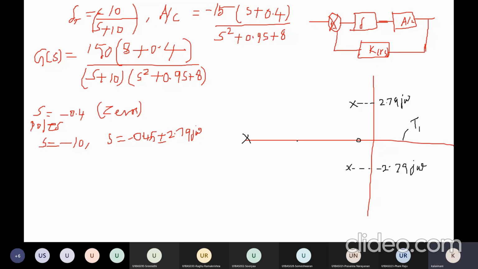Then again I take another test point, T2. To the right of this test point, the total number of poles and zeros is 1 zero, so the count is an odd number. Therefore, this portion will be part of the root locus. That's why I mark it here.